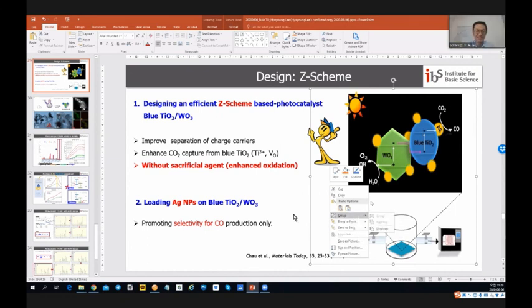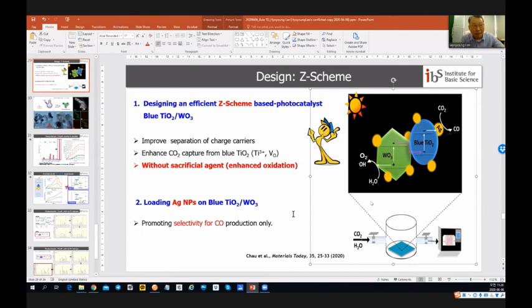Yeah, virus or bacteria. The hydroxy radical can break down the membrane of the bacteria, any kind of virus. But it depends on the amount of the hydroxy radical.